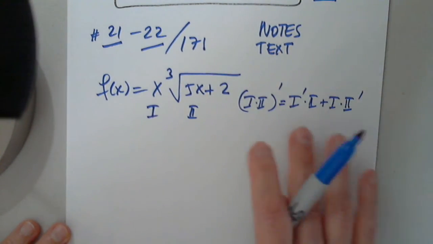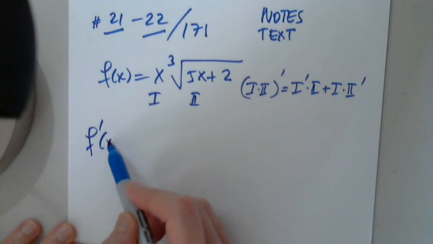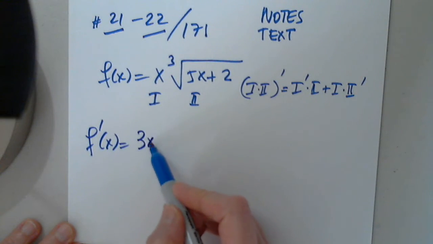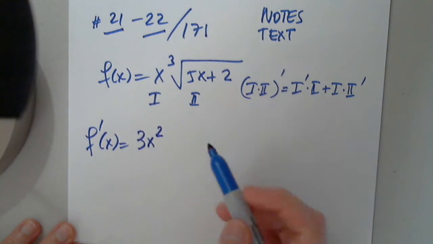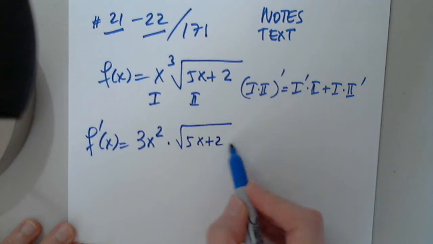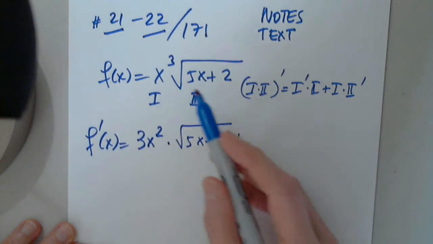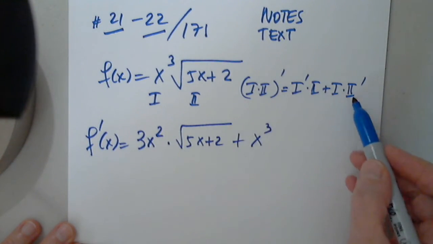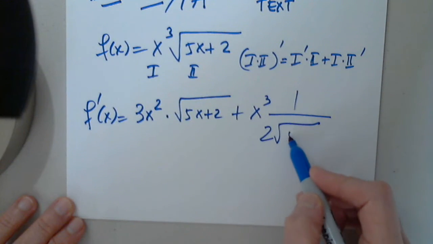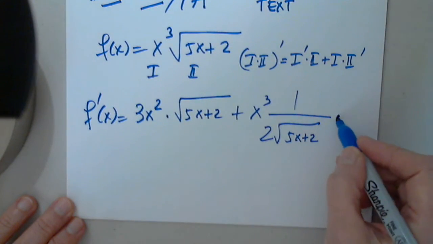So f prime of x, I differentiate the first function, which is 3x squared, then I multiply it by the second function. Then plus, I copy the first function, and now I have to differentiate the square root, and I know how. It's 1 over 2 the square root of 5x plus 2 times the inner function prime.